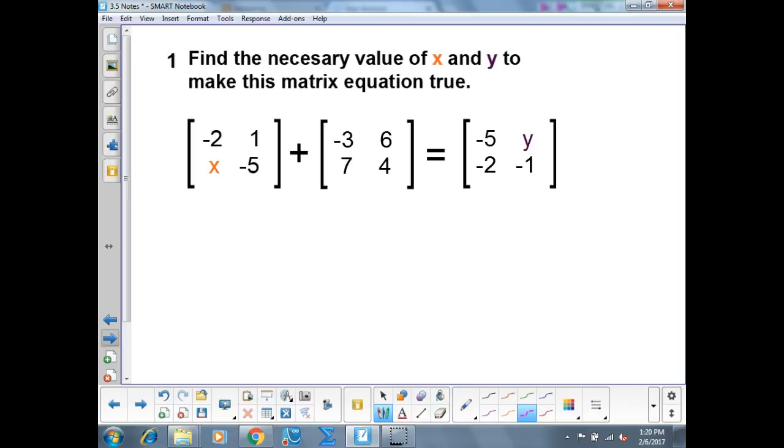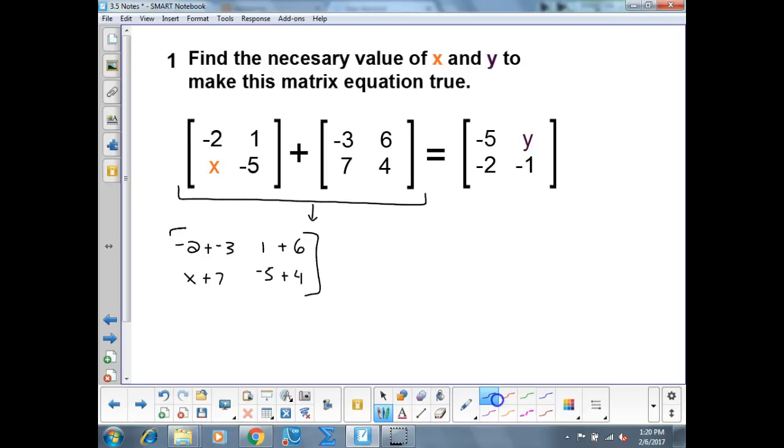Okay. Well, if I were to take this left side of the equation here, then that would have to be negative 2 plus negative 3, x plus 7, 1 plus 6, and negative 5 plus 4, which would then become negative 5, x plus 7, and negative 1.